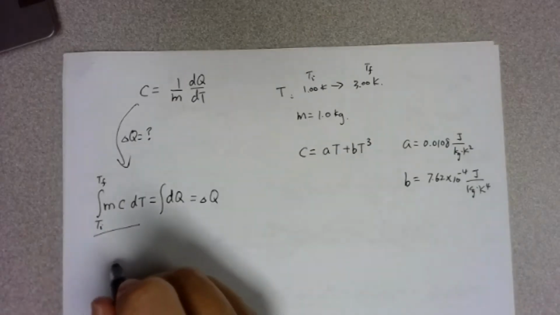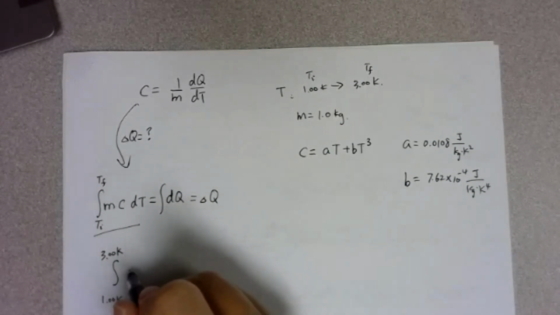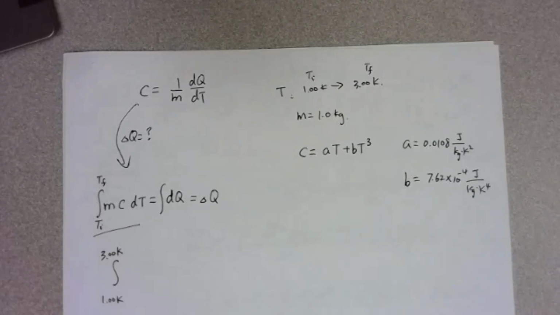So for the integration, Ti is 1.00 Kelvin, T final is 3 Kelvin. The mass is 1 kilogram. Let me take a look at the numbers again.